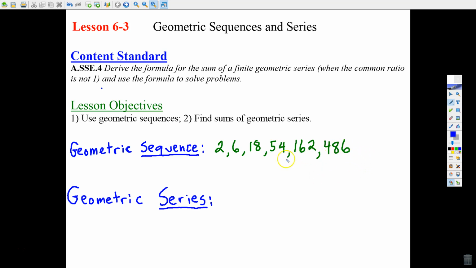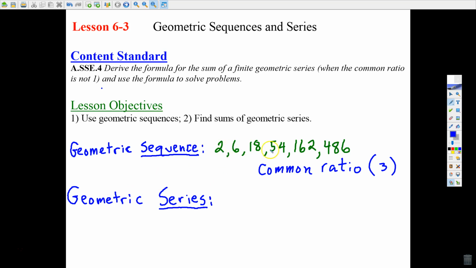And that number that we are multiplying by each time, the 3, is called the common ratio. So when you see the letter R referred to in some slides coming up, that's what it's referring to. What is that number that is used to multiply by each time to get to the next term? All right, so that is a geometric sequence.